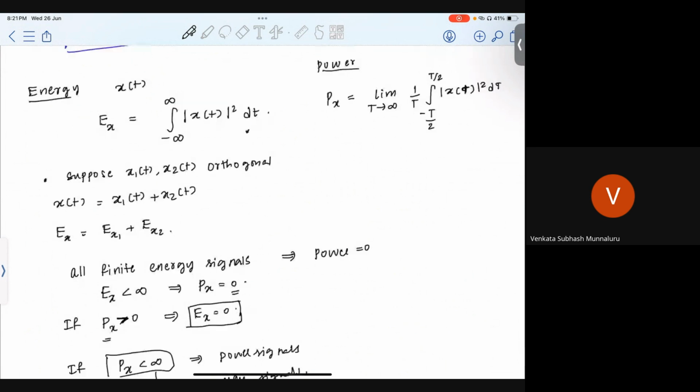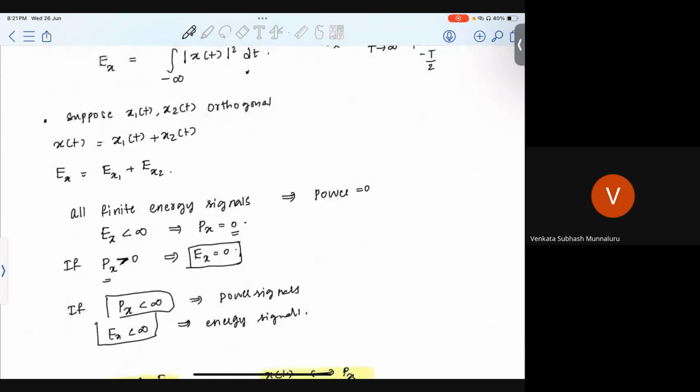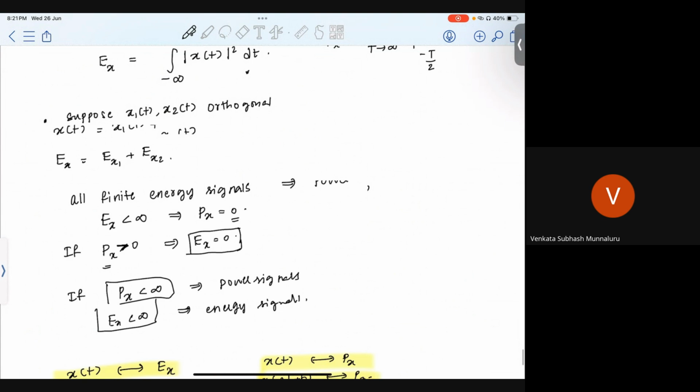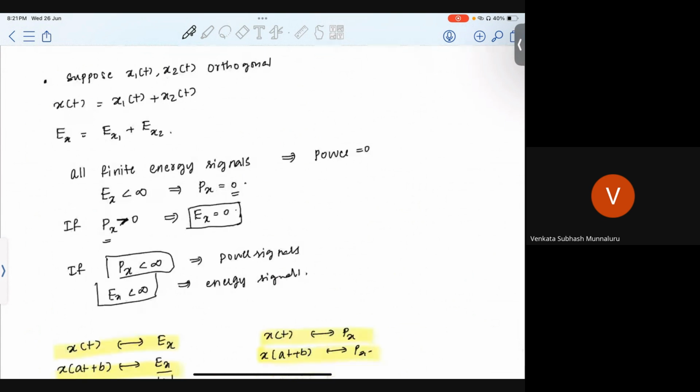And for all finite energy signals, suppose you are given a signal and you evaluate the energy, and that energy is a finite number, then for such signals the power is 0. You don't even need to evaluate. So all finite energy signals are 0 power signals. Likewise, if you evaluate the power for any signal and it turns out to be greater than 0, for all such signals you don't even need to evaluate energy.